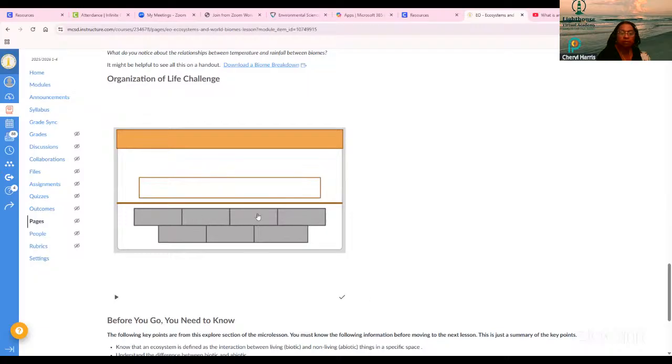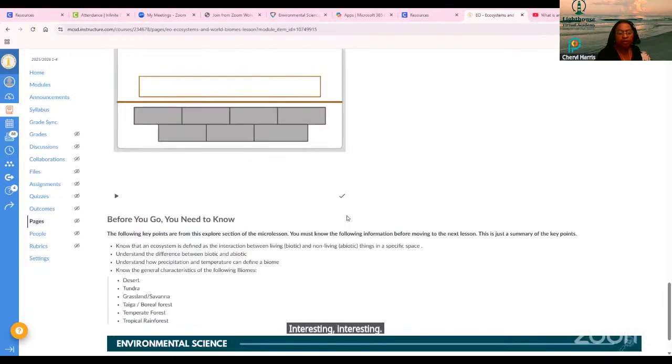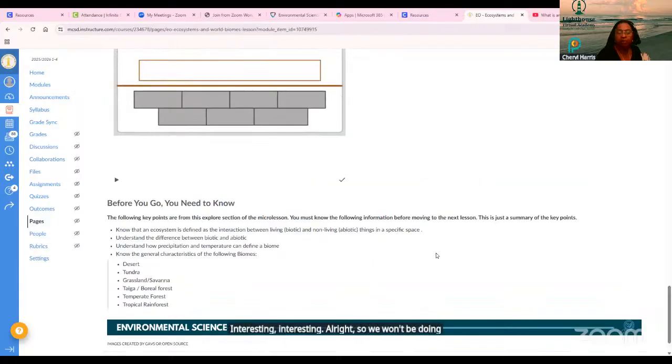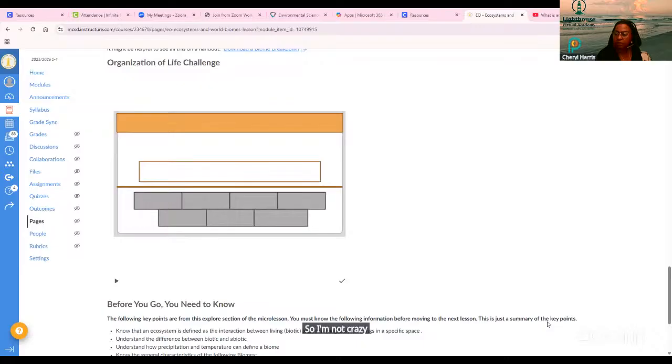Is yours blank like mine is blank? Yeah, yours is blank too. It shouldn't be. There should be the drag and click question like we had on the other page. Interesting. Everybody is saying it's blank on yours too, so I'm not crazy.